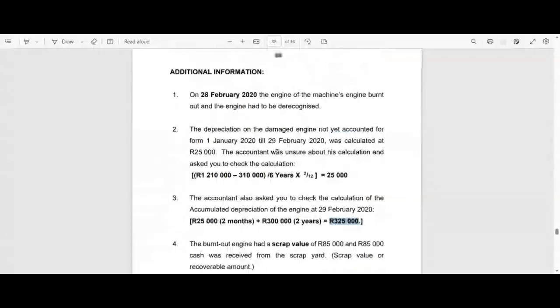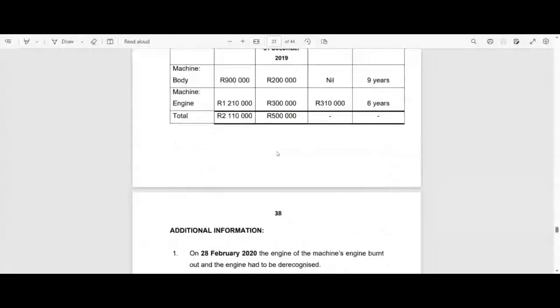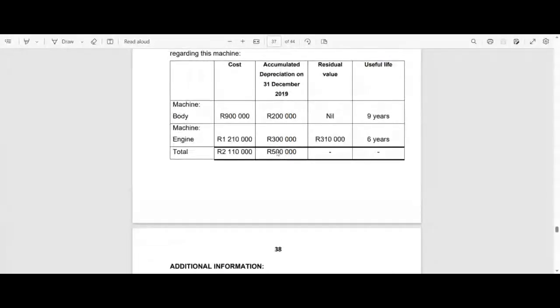So what amount do we have to credit? This is an easy one because we can see it in front of us. What amount do we have to go and credit the cost account with? The account that we call machine colon engine colon cost. With what amount do we have to go and credit that account?